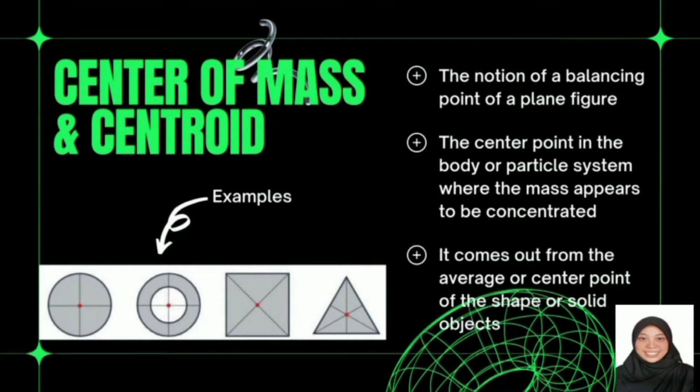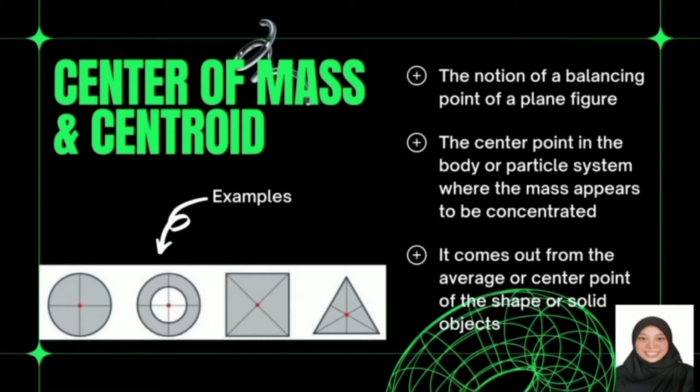Next is about the center of mass and centroid. Center of mass and centroid are similar, which is the notion of a balancing point of a plane figure, the center point in the body or particle system where the mass appears to be concentrated, and it comes from the average or center point of the shape or solid object.